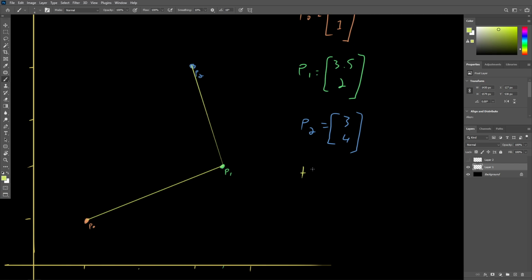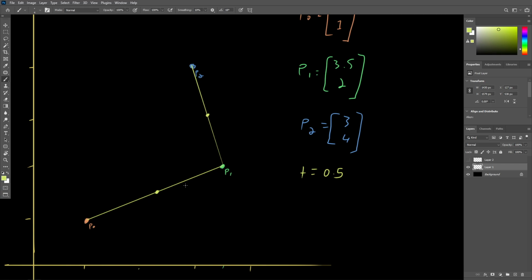Let's start once again with t equals 0.5. Remember, this is a value varying between 0 and 1, so 0.5 is halfway through, or 50% of the distance between the points. So that's halfway through each of those imaginary lines.